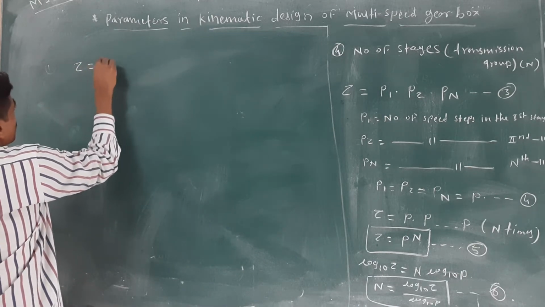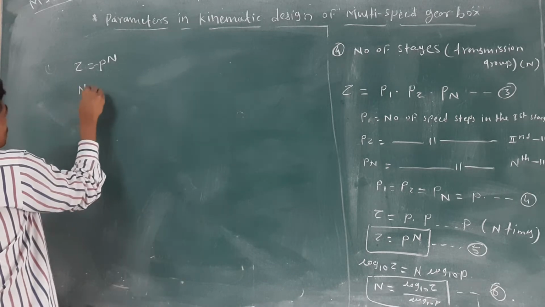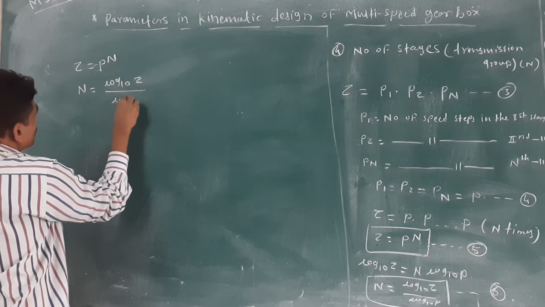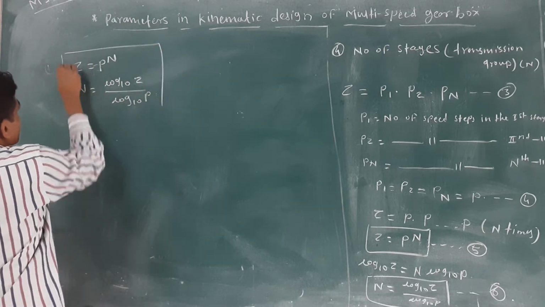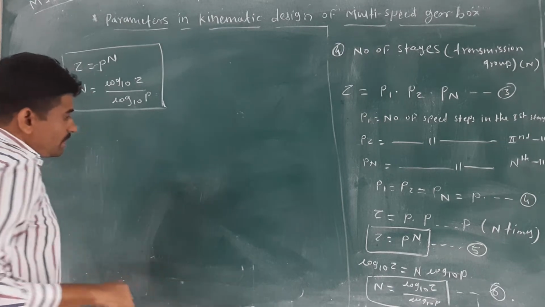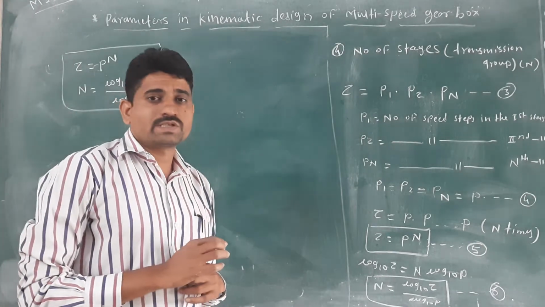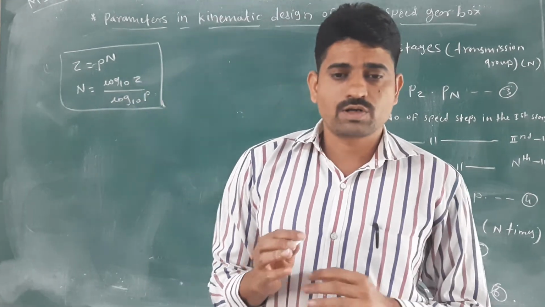Z is equal to P raised to n, and the second equation, n is equal to log 10 Z divided by log 10 P. When you are solving or finding the number of stages, these two equations are very important.